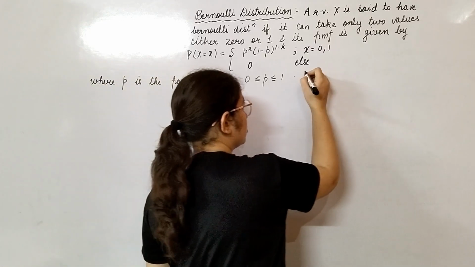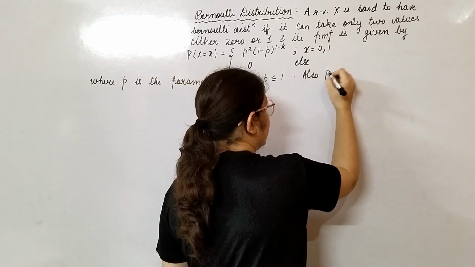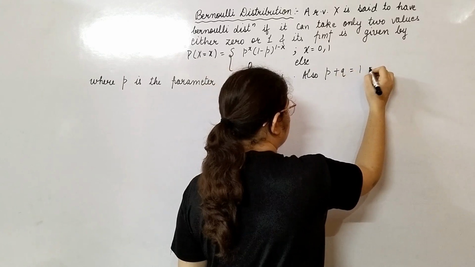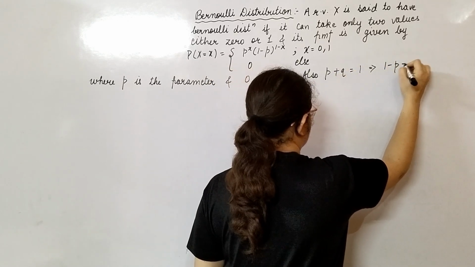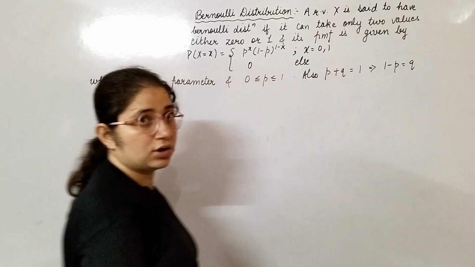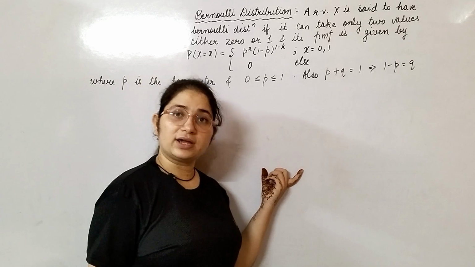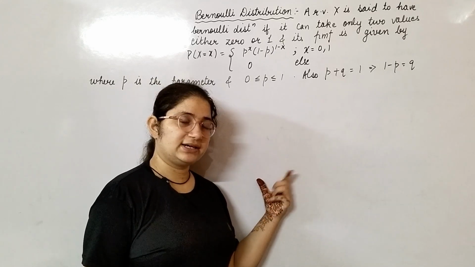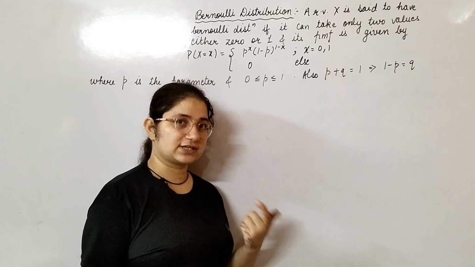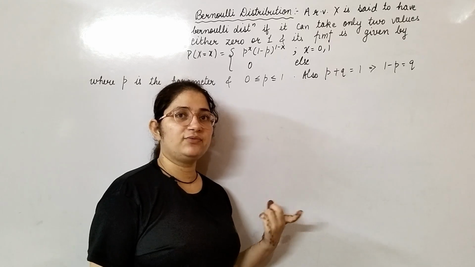Also p plus q is equal to 1. This implies 1 minus p is equal to q. Okay, so this type of experiment is considered when there are only two possibilities, either that outcome will be of success or that will be of failure.